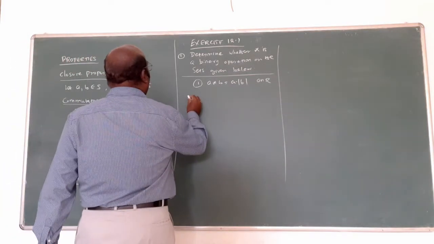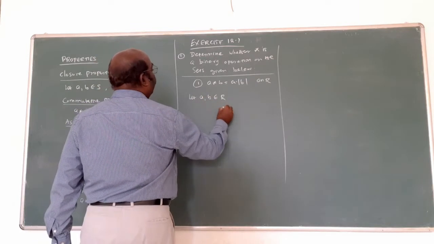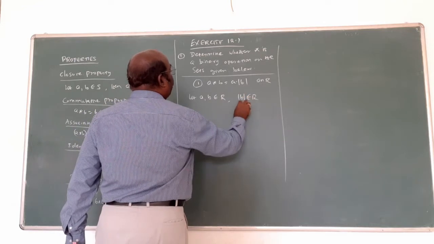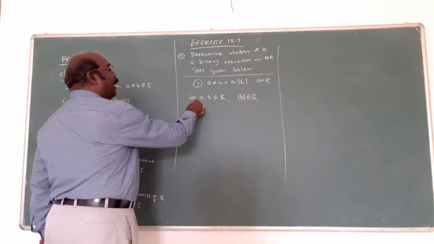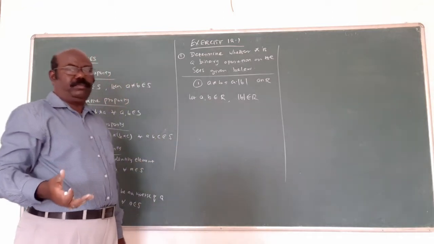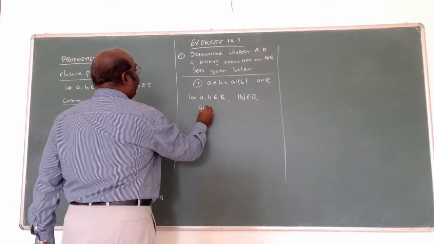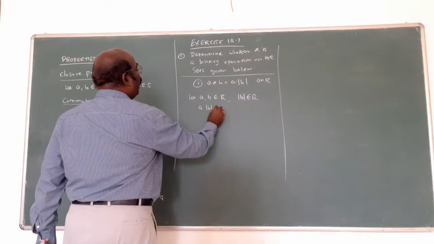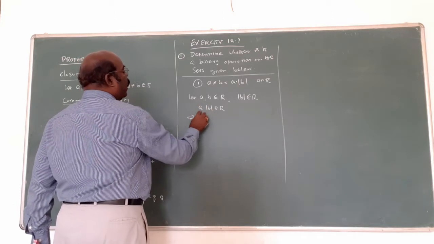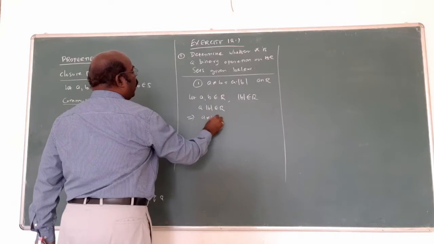First start with A, B belongs to R. Automatically modulus of B also belongs to R. What is the reason? A and B belong to R, and modulus means absolute value, which also belongs to R. Now multiply both: A into modulus of B also belongs to R, because multiplication also belongs to R. Which implies A into modulus of B is A star B, so A star B also belongs to R.